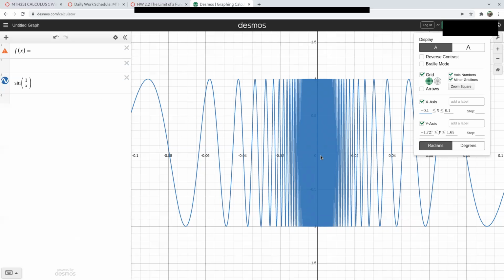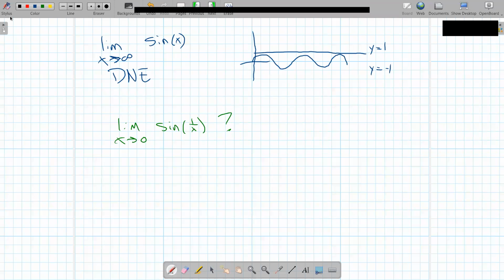And it just gets crazier and crazier as you zoom in. So this one right here is another example of limit does not exist because the function can't settle down as we make that approach.